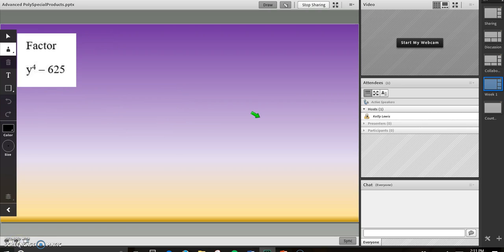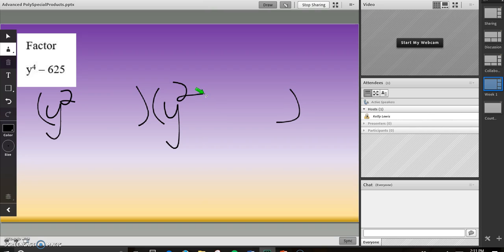Right? And then let's come here. Now we have a 4th power. If we do the same pattern, y to the 4th is y squared times y squared. And then 625, the square root of 625 is 25 times 25. One's plus and one's minus. However, we know that this guy you can factor again.